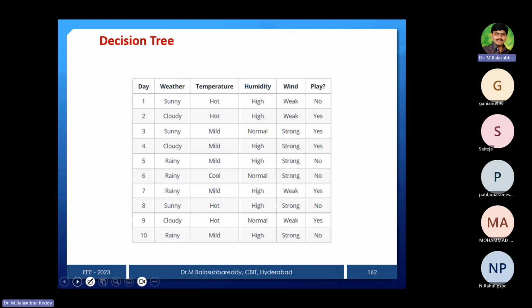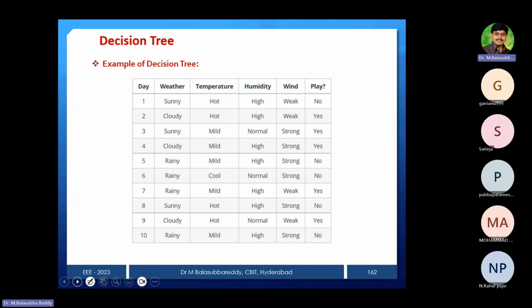In that case, I do not play. Another one is cloudy, temperature is hot, humidity is high, wind is weak. Then you can say yes. Something like that, we follow these conditions, and finally we get our output. The output categories are two: whether we are going to play or not.